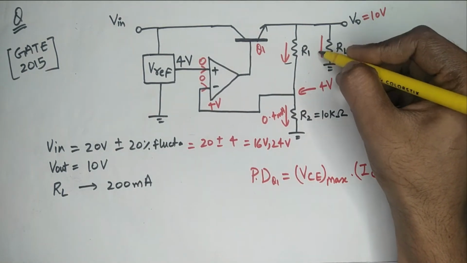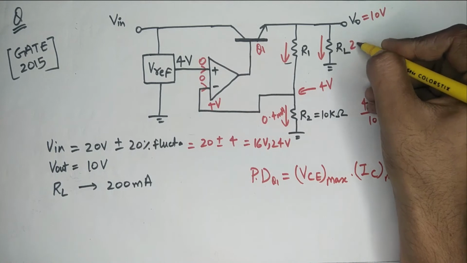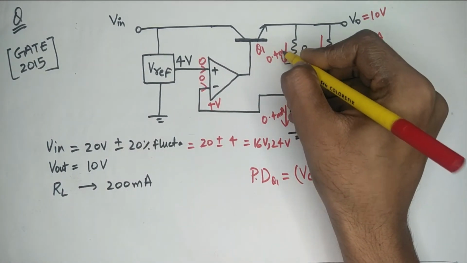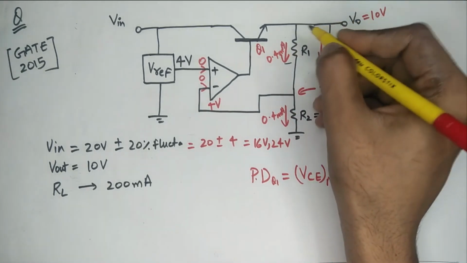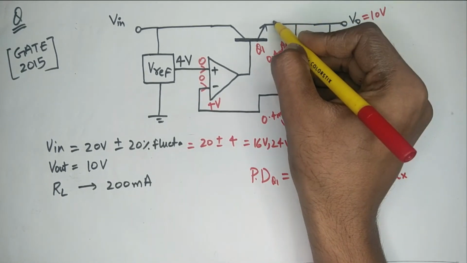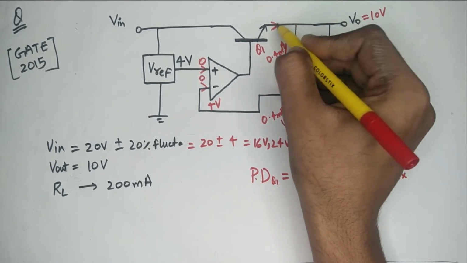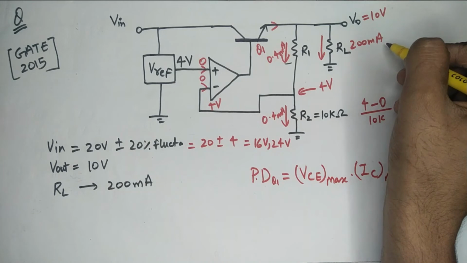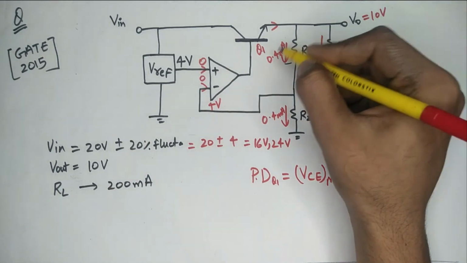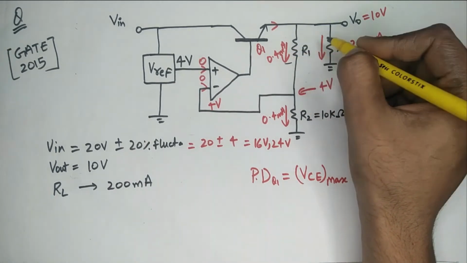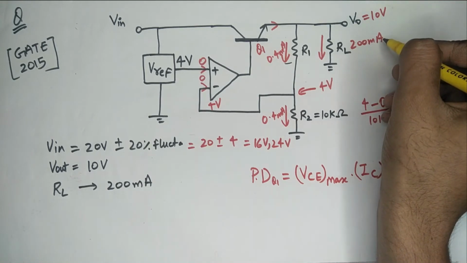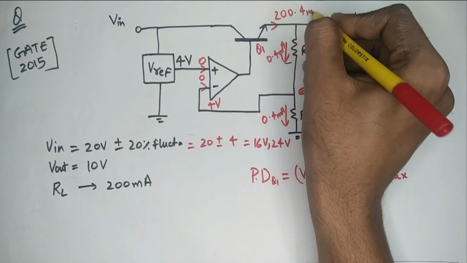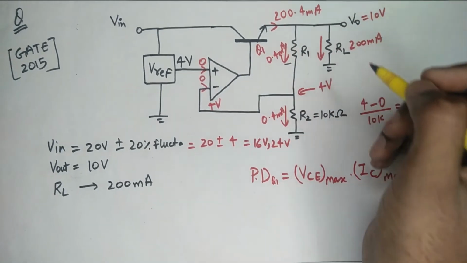It has been given to us that RL is consuming 200 milliamps of current. If we apply KCL at this node, we can say that the current coming through the emitter terminal will be the summation of current through load resistance plus current through R1 resistance, and we will get 200.4 milliamps of emitter current.